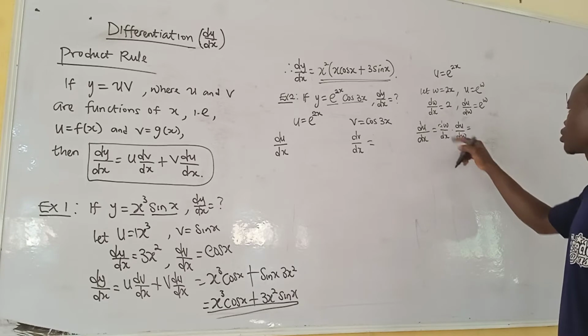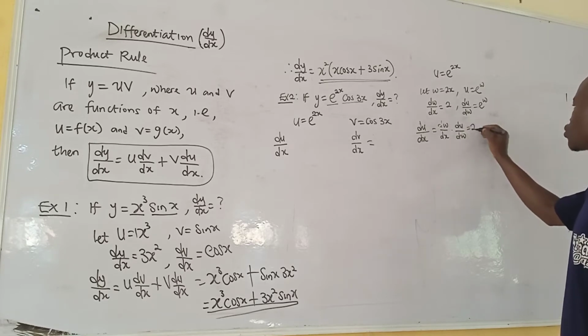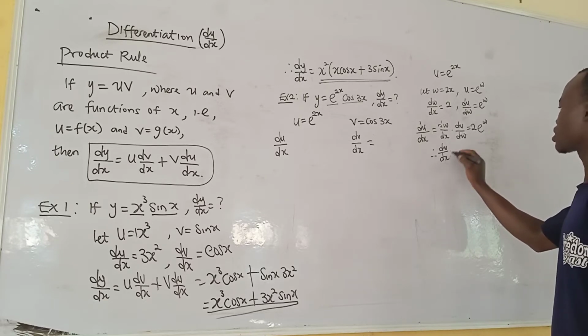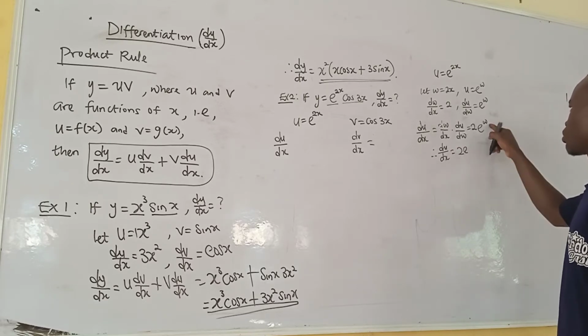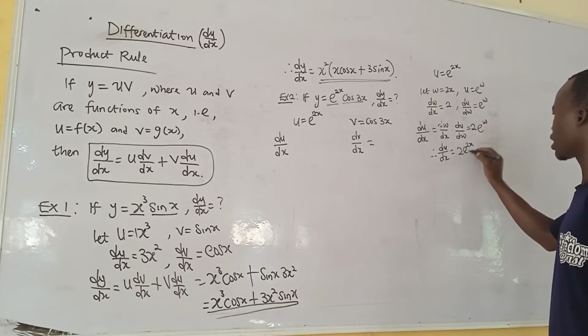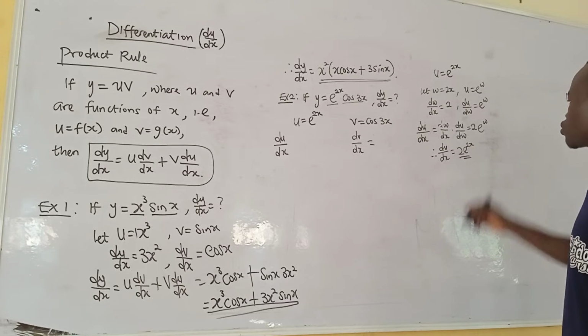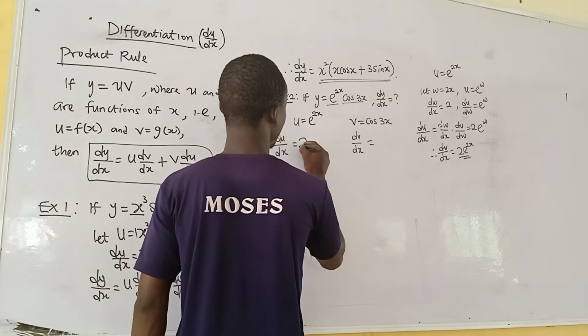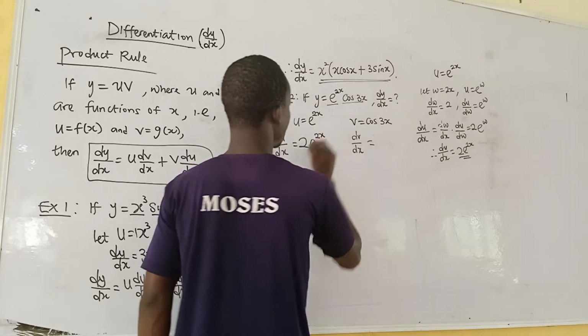So the formula is true. dw/dx now is what? 2, and du/dw is what? Exponential w. Therefore, du/dx is 2 exponential w, but w is 2x. You have to return it, and you have 2x. So that means our du/dx is 2 exponential 2x. So we write that here. This is 2 exponential 2x.